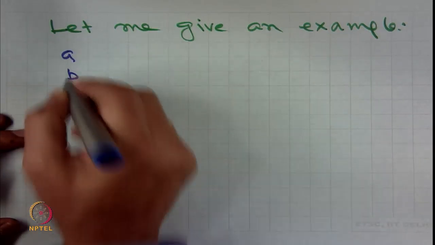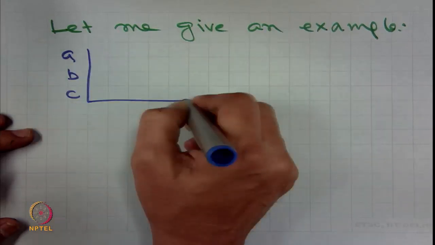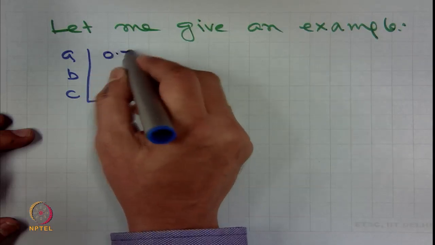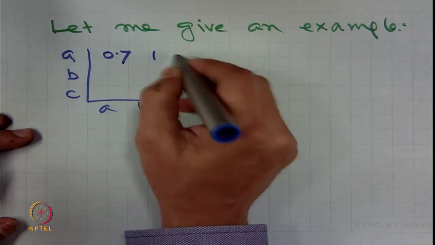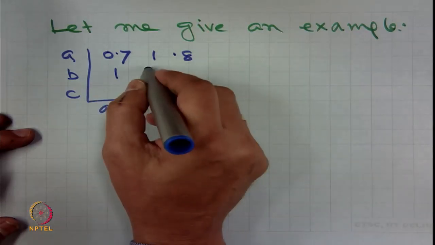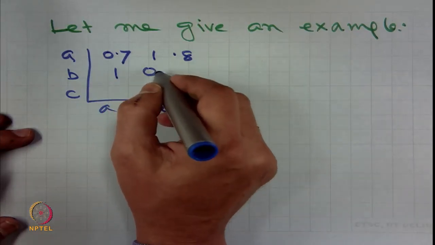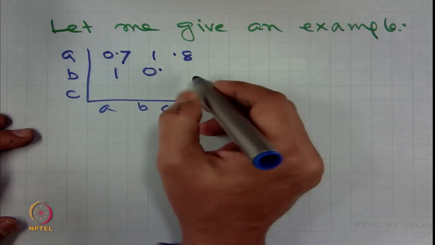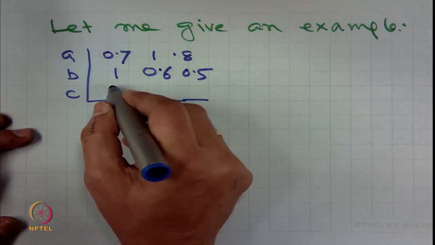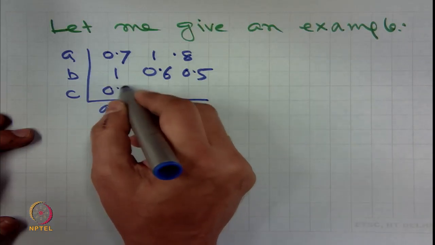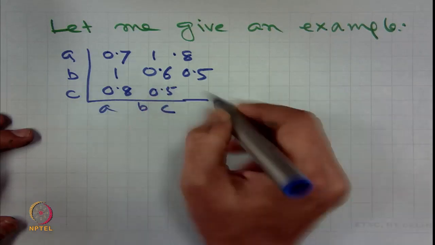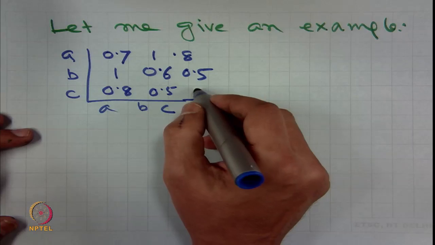Consider this matrix: 0.7, 1, 0.8, 1, 0.6, 0.5, and 0.8, 0.5 and 1.